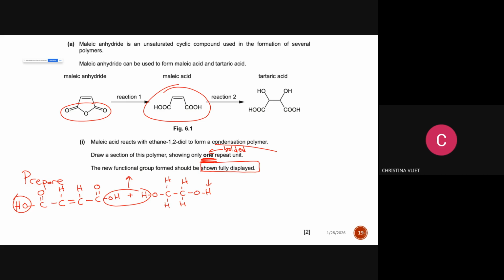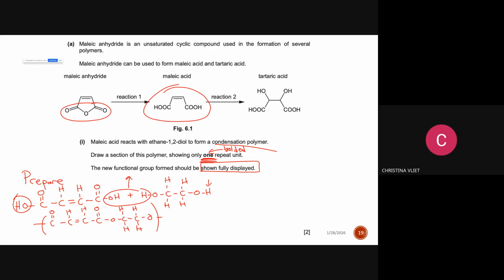So now our answer is, we took the OH out. So we start with the C double bond O, CH, CH, C double bond O, O, CH2, CH2, and then O, there we go.